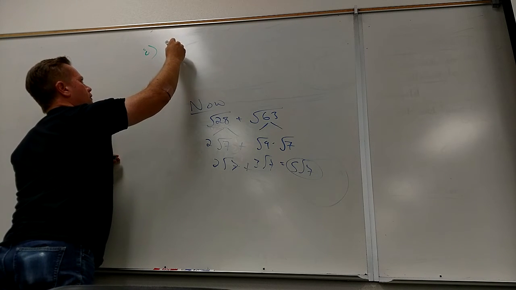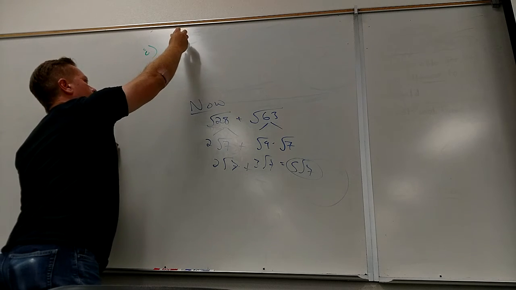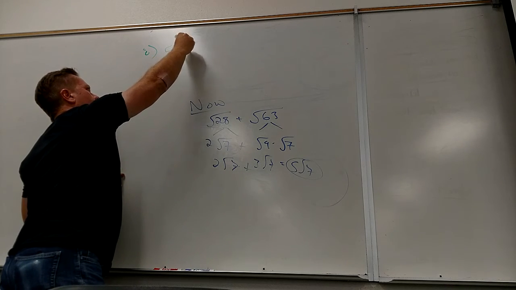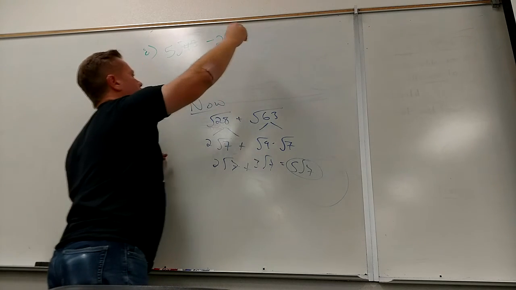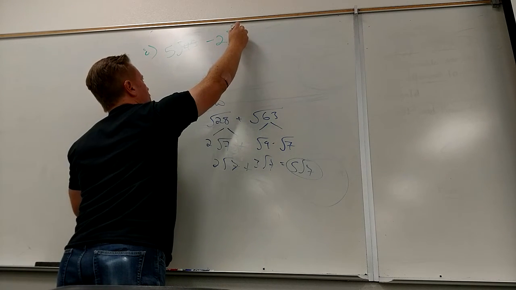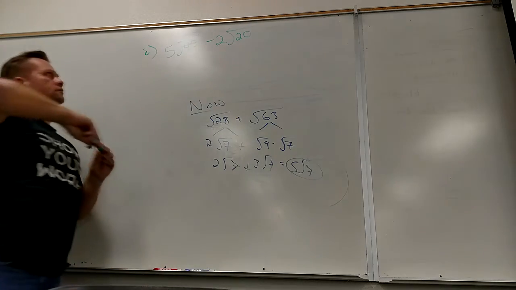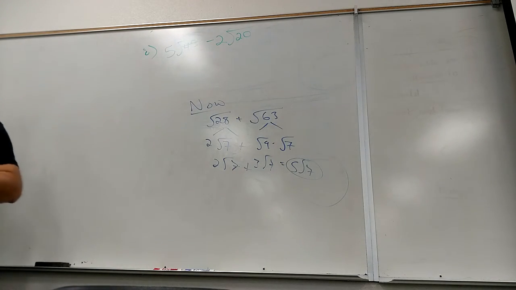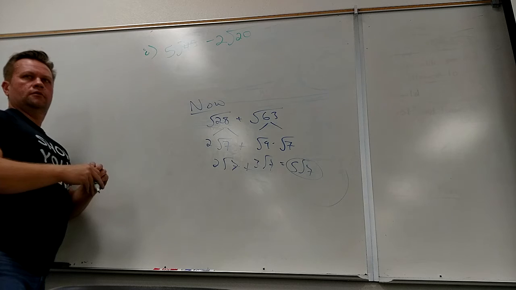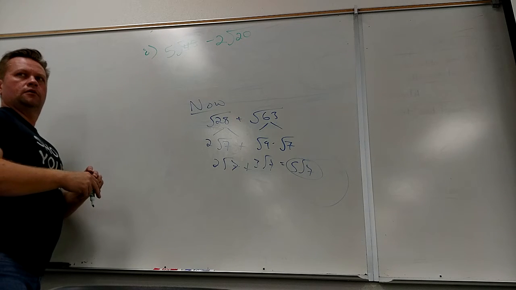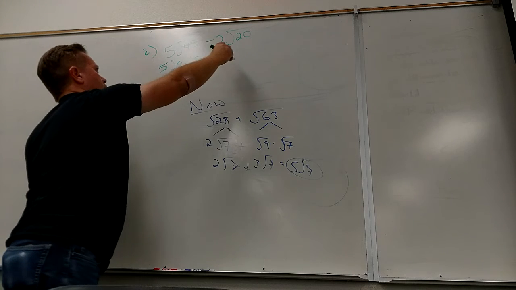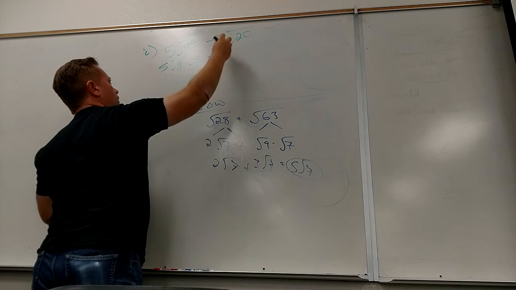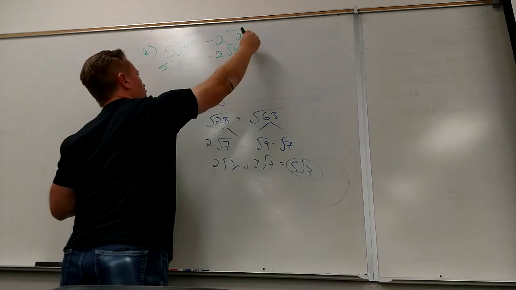So like 5 square root of 45 minus 2 square root of 20. Good. So you get 5 square root of 9 times square root of 5, and 2 square root of 4 square root of 5.